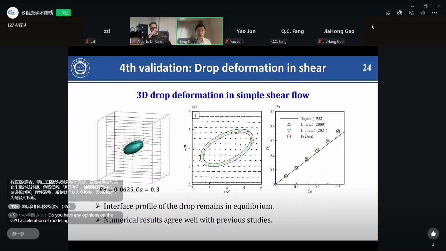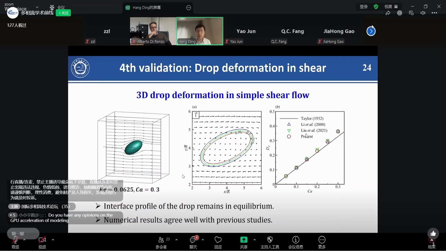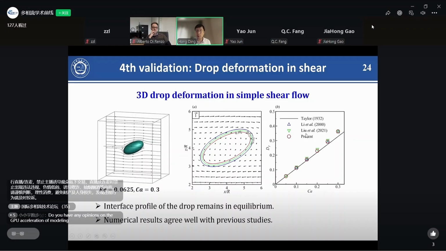The other case is a three-dimensional droplet deformation in simple shear flows. The dynamics is shown on the left. In the middle, we only show the contour of the droplet. The reason is that we want to show that even in these high straining flows, the contours of the volume fractions are parallel to each other, aligned with each other. That means we keep the equilibrium profile here, ensuring accurate computation of the normal direction to the interface and the curvature.